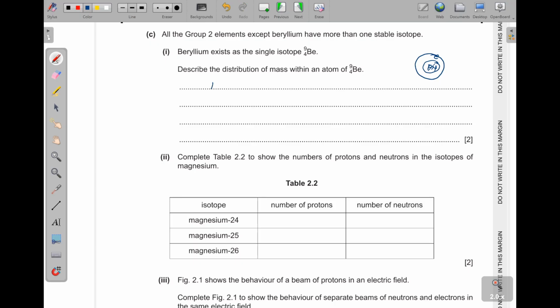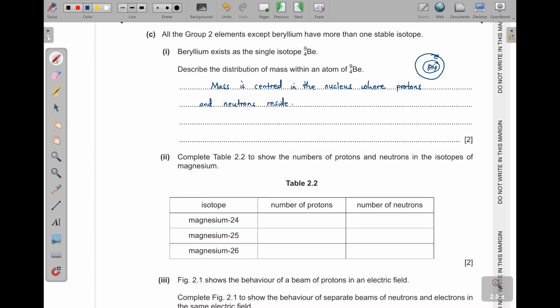But we take the mass of the protons and neutrons. So we can say mass is centered in the nucleus, where protons and neutrons are.